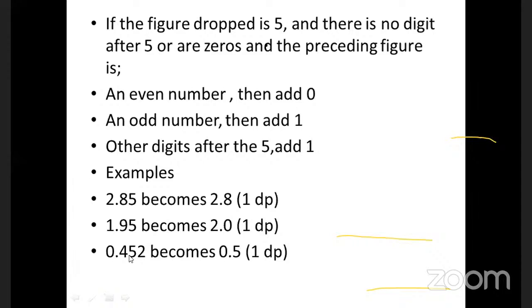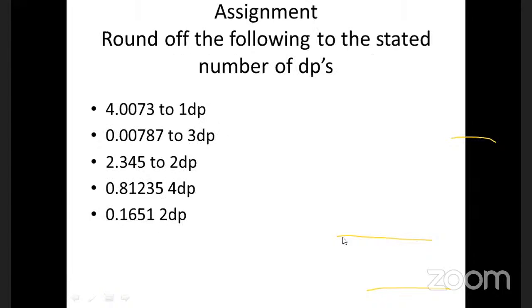But you see, after the 5, we have another number. So because we have another digit after the 5, we shall add the 1. If there was no number after this 5, which is 2 here, the 5 would be the number to be dropped, and the preceding digit is an even number. Then we could have recorded this answer as 0.4. We should have added 0.